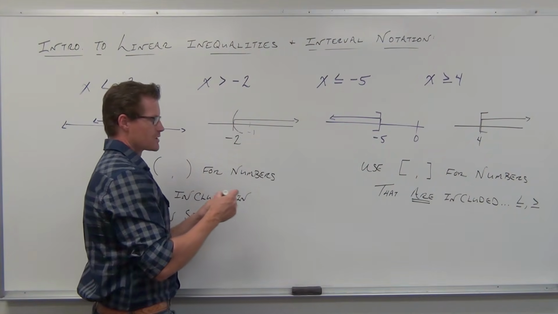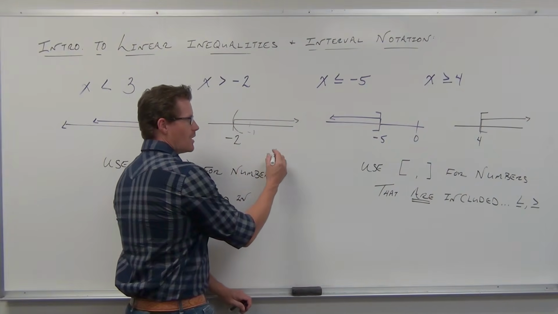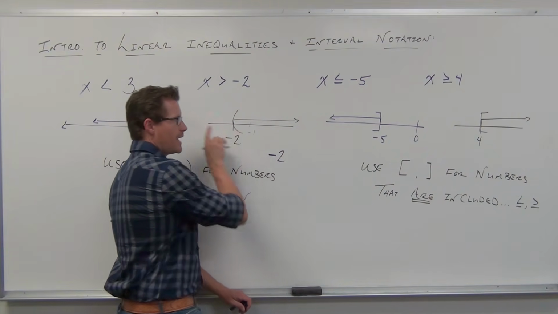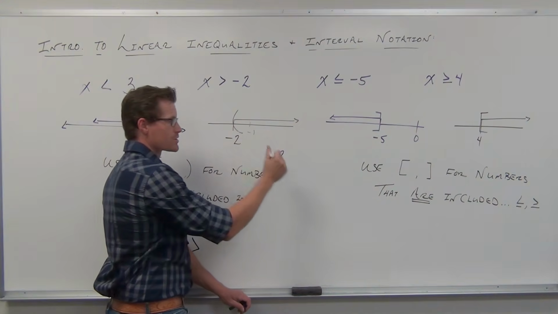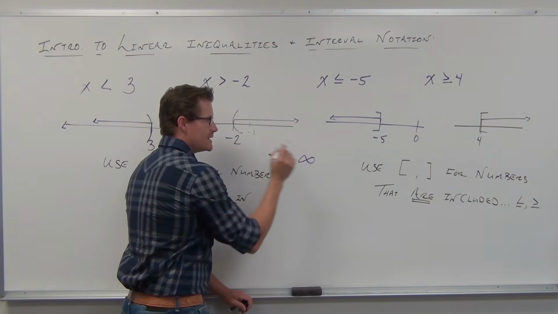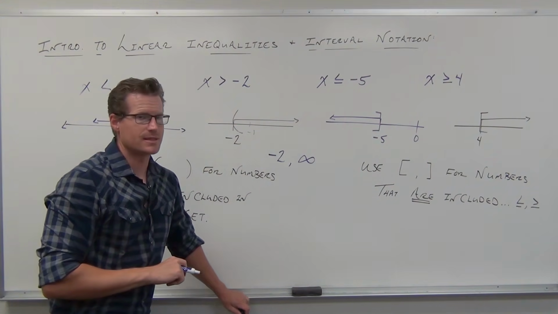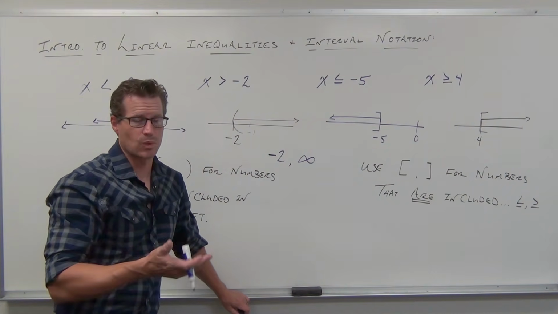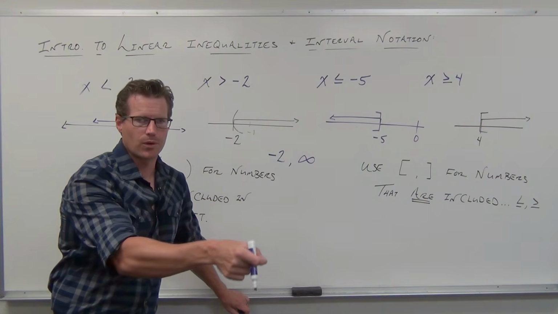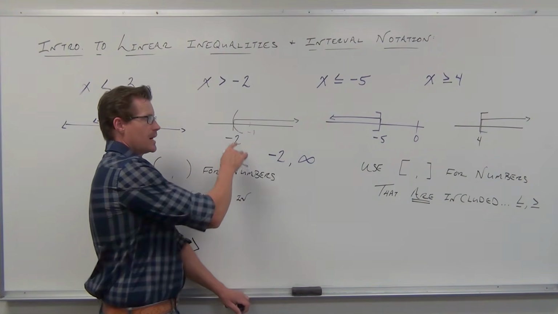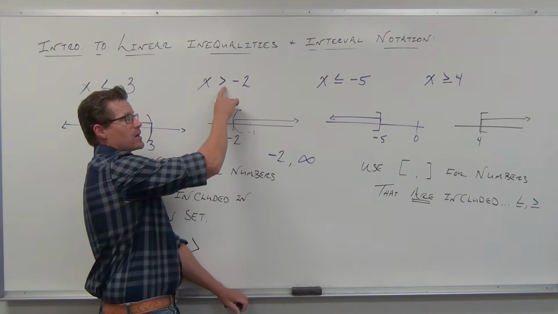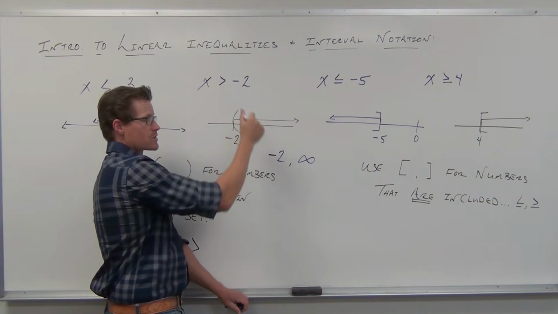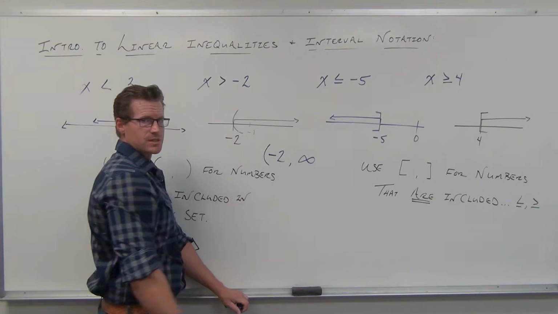Here, our interval starts at -2, that's where our shading starts, and it doesn't end. It ends at infinity is what we'd say. It doesn't really end. Just keep on going and going. Now, because we have the greater than inequality, we do not have the equal sign, we're going to maintain the parentheses.